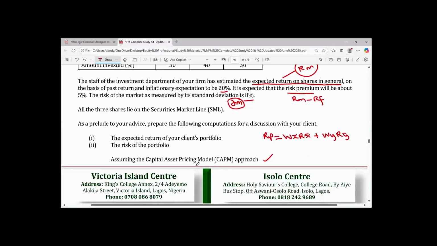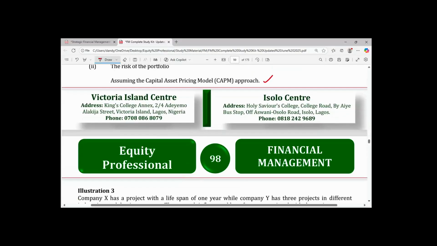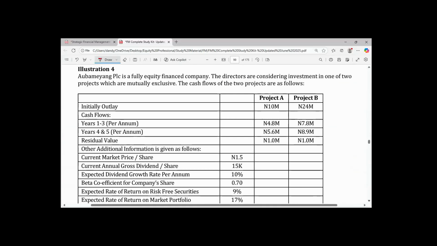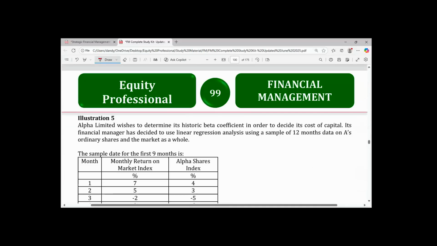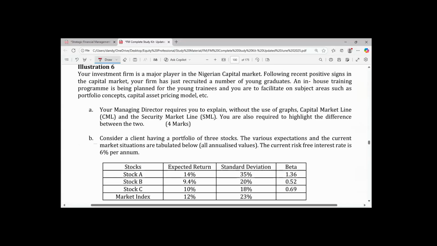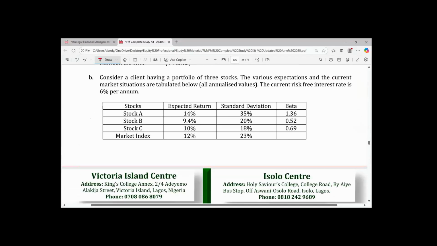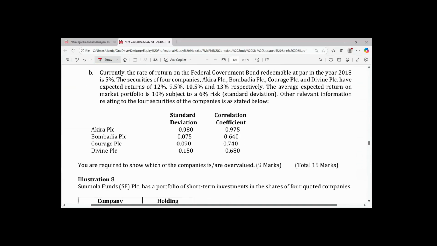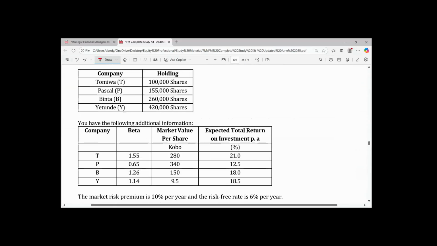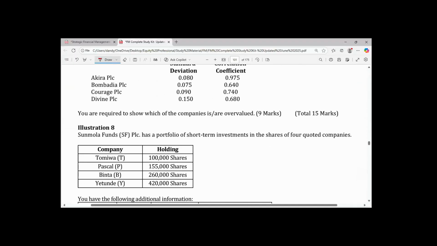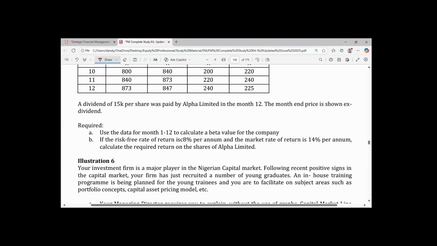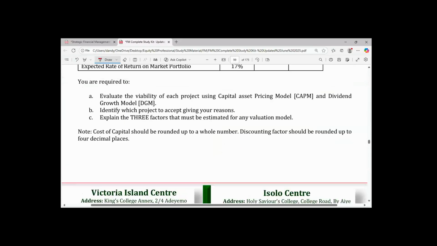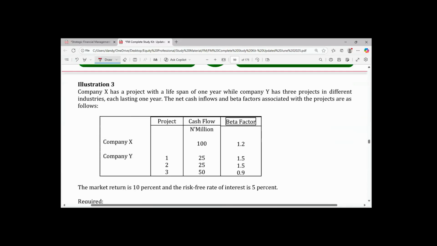So let's have another illustration. Let me see. Let's do it this way. Trying to pick some scenarios.